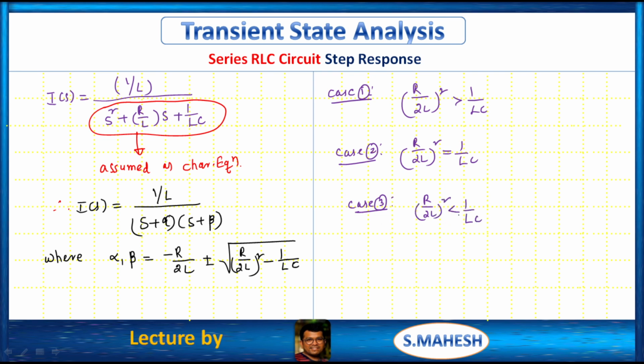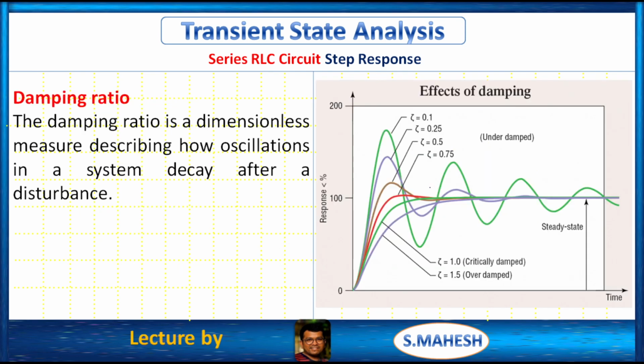So this is the case we discussed in time domain analysis, right? But to simplify the analysis, here I am considering one example for each and every case. For case 1 I will consider one example, for case 2 one example, for case 3 one example. So in order to simplify this analysis very easily, now here I am considering the damping ratio concept.